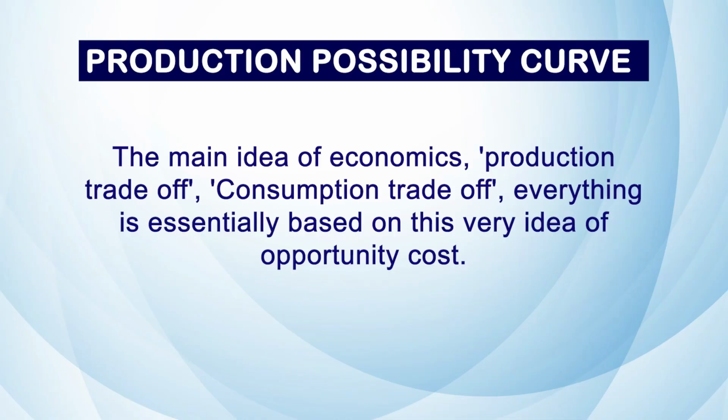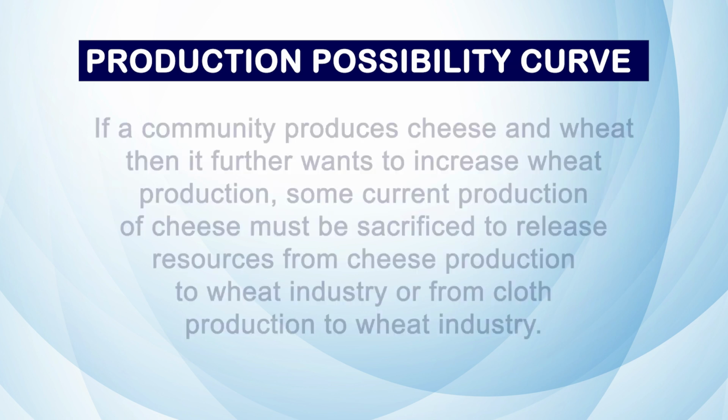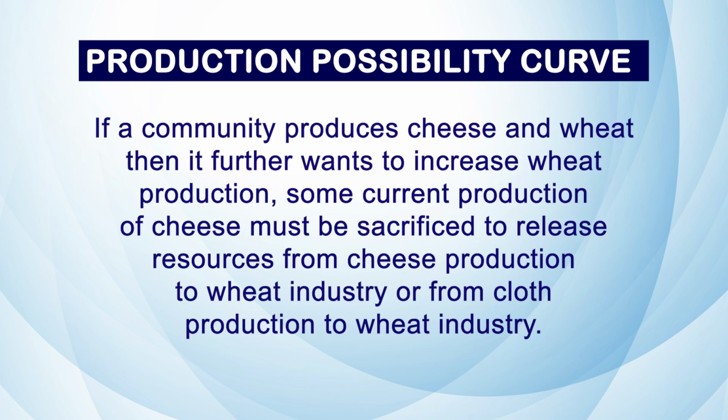So you remember this, and you always try to use this concept in economics, because the main idea of economics, production trade-off, consumption trade-off, everything is essentially based on this very idea of opportunity cost. Roughly speaking, if a community produces cheese and wheat and further wants to increase wheat production, some current production of cheese must be sacrificed to release resources from cheese production to the wheat industry, or from cloth production to the wheat industry.